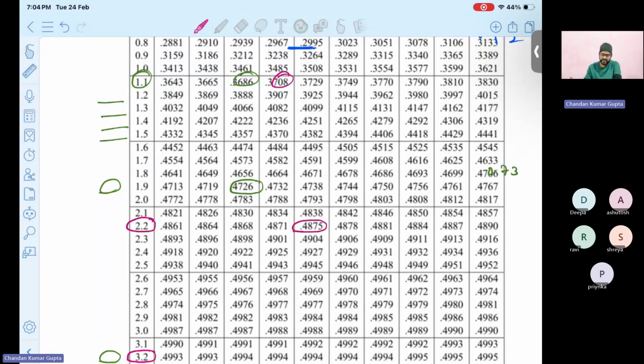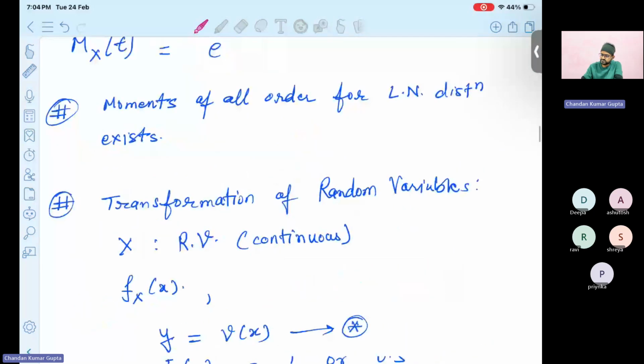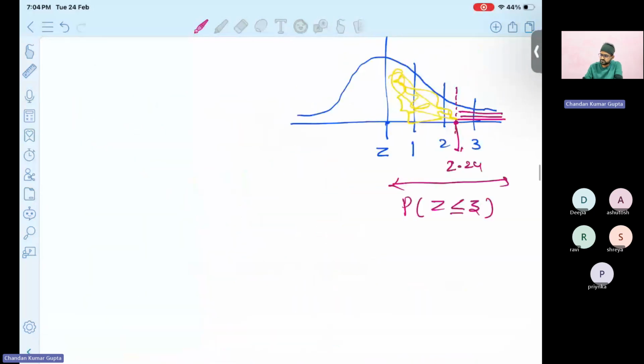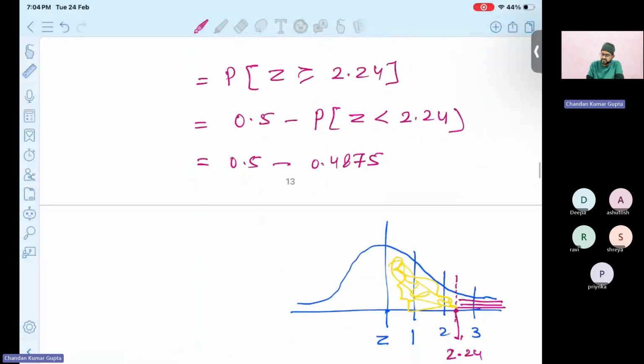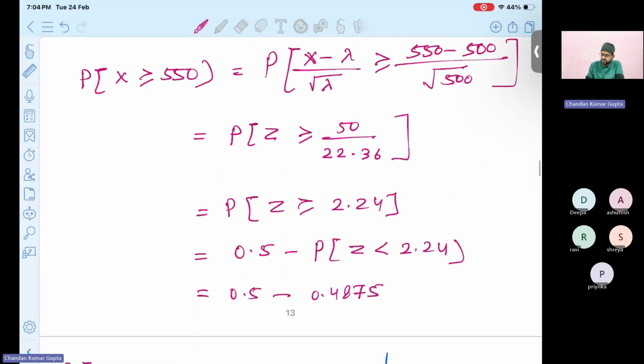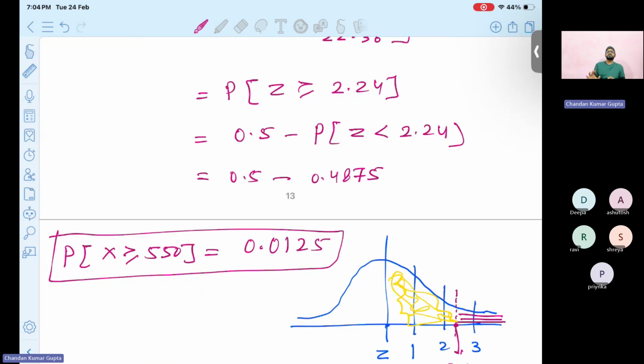So 0.4875 is our value. Then 0.5 minus 0.4875. So yes, when you are solving, you will find that the probability that X is greater than or equal to 550 comes out to be 0.0125. Okay, so this is the case.